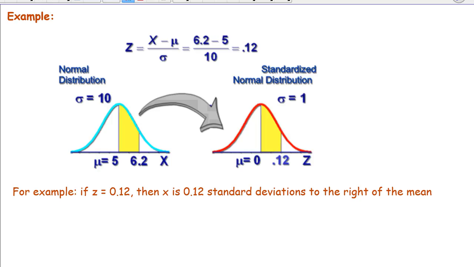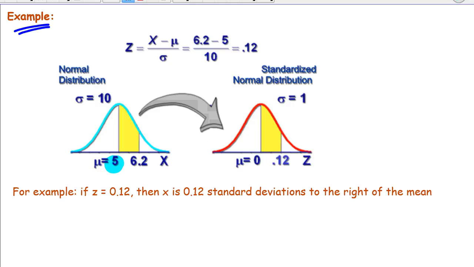So here is an example. In this example, what we have on the left is a normal distribution which has been transformed to a standard normal distribution. Let's start with the mean. The mean, of course, is 5 here.